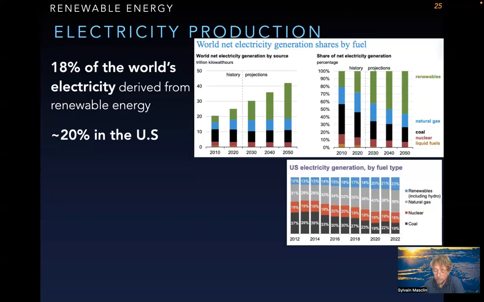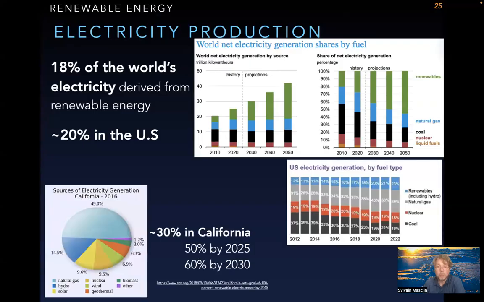In California, for now, we're about 30% of our energy coming from renewable, taking into account also the hydropower, the solar, and wind, which is right here. So that's accounting for about 30%. It's normally targeted to go up to 50% by 2025 and 60% by 2030.